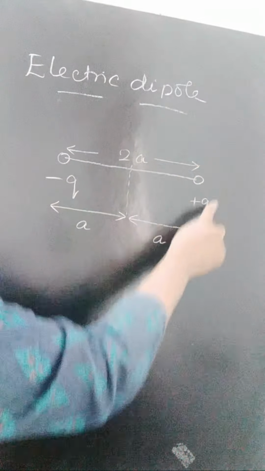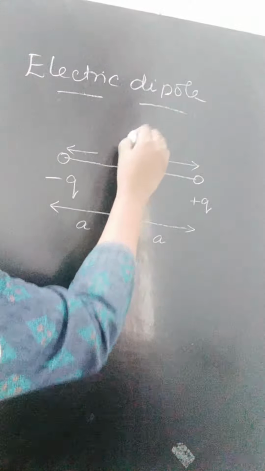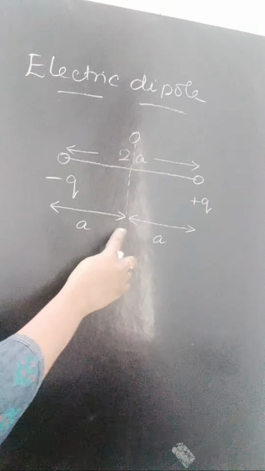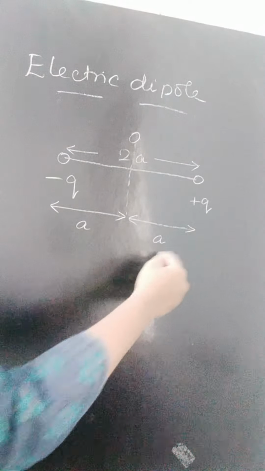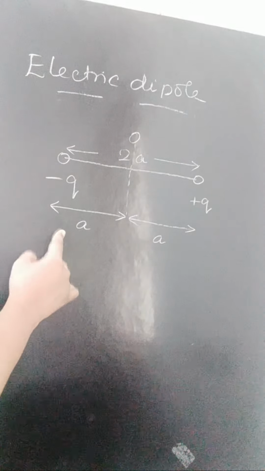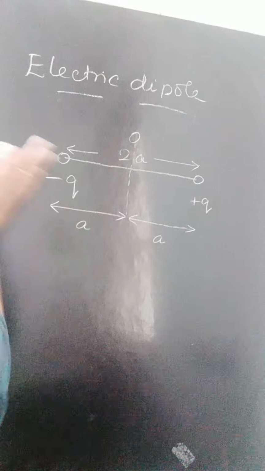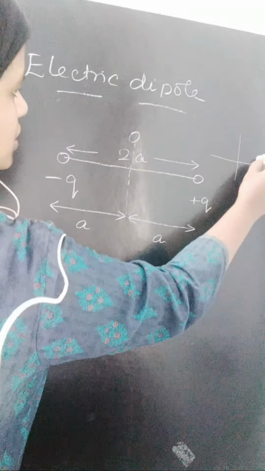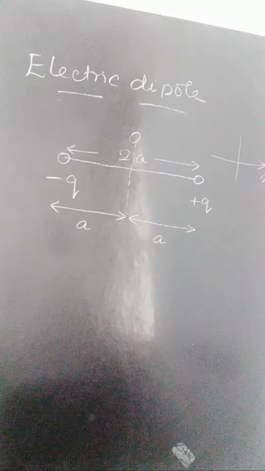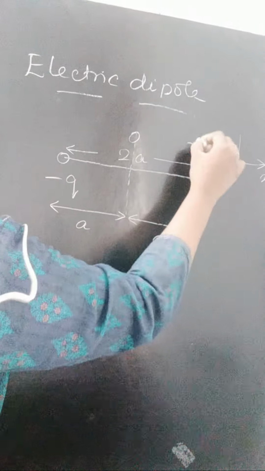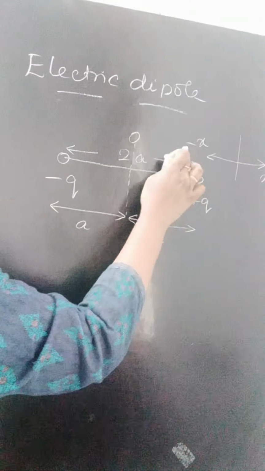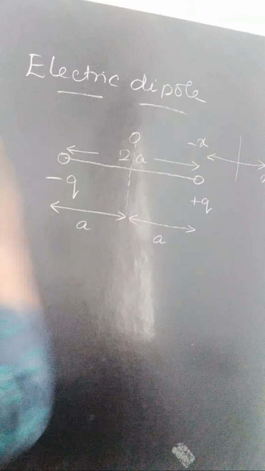This setup is known as a dipole, and O is the origin, the center point of the dipole. One charge is located at the distance a and the other one is also located at the distance a from the center. Where are they lying according to the coordinate system? X axis, right? Yes or no? According to the coordinates it is x, and this side it is minus x. So plus q is lying along the plus x axis and minus q is lying along the minus x axis.